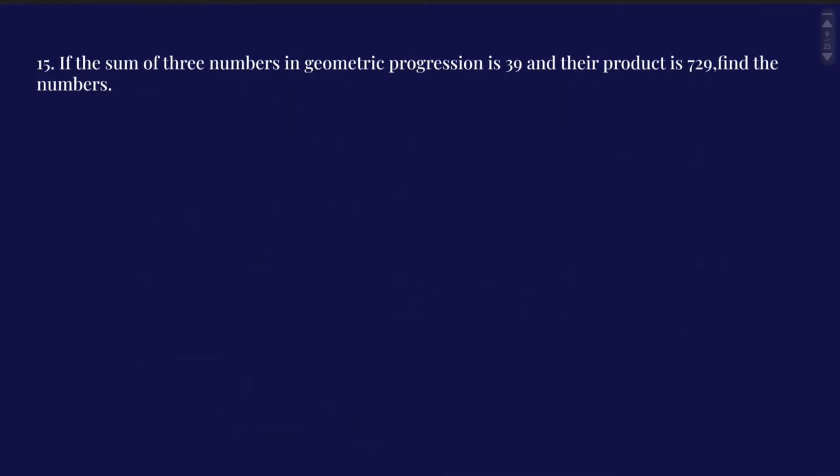So let's look at this question. If the sum of three numbers in a geometric progression is 39 and their product is 729, find the numbers. Okay, so let the three terms be a divided by r, a and ar.